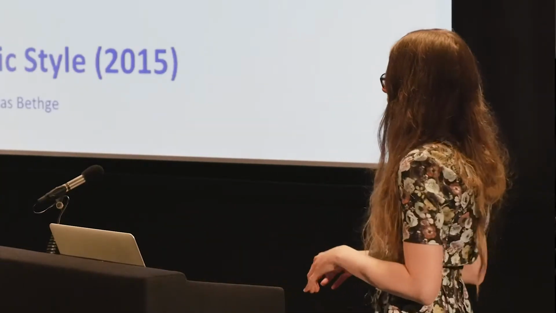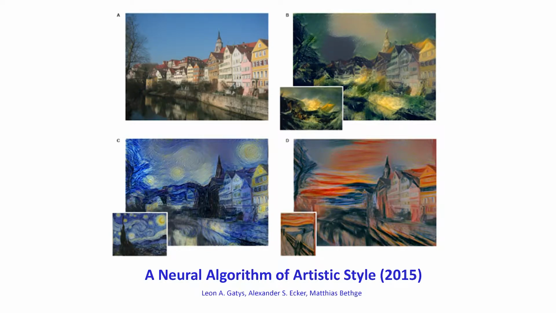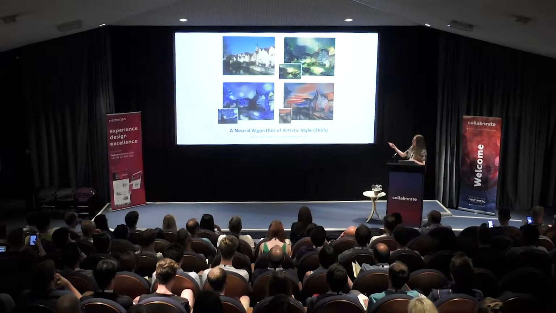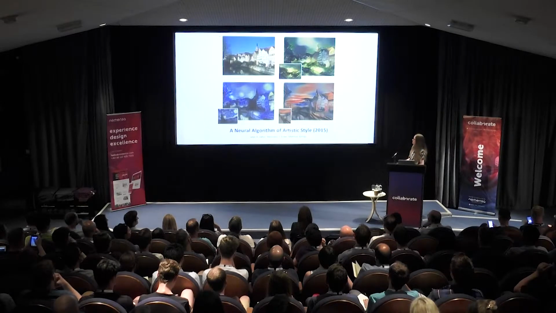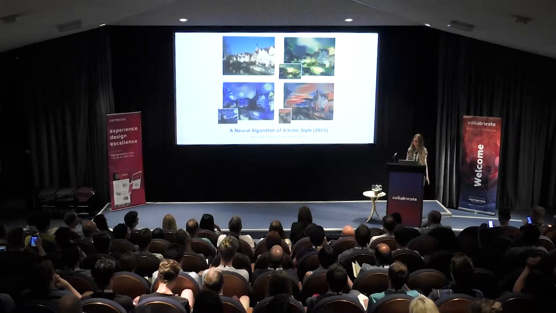Another technology that came out in 2015 was this neural algorithm of artistic style, which you probably remember from the Prisma app, which was popular about 2 summers ago. And you change this photograph into an impressionist painting.